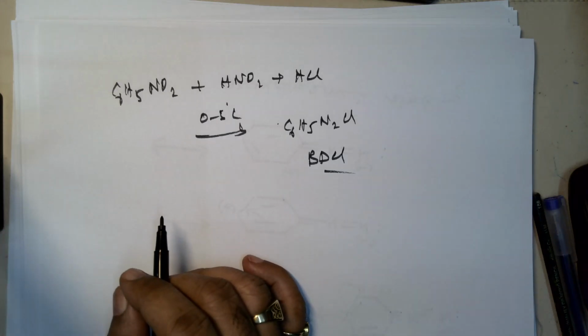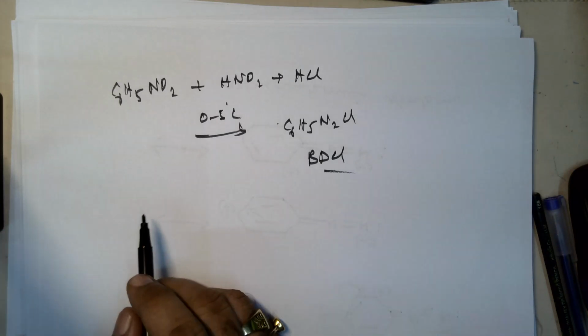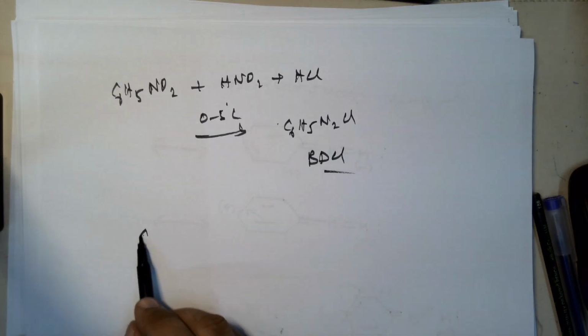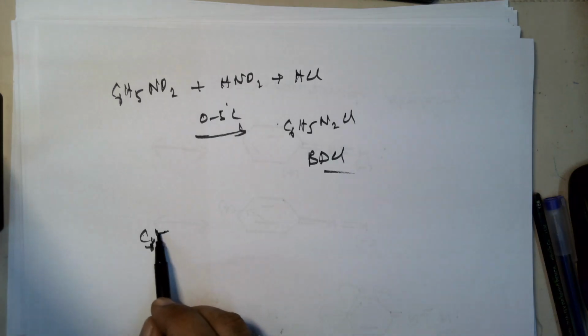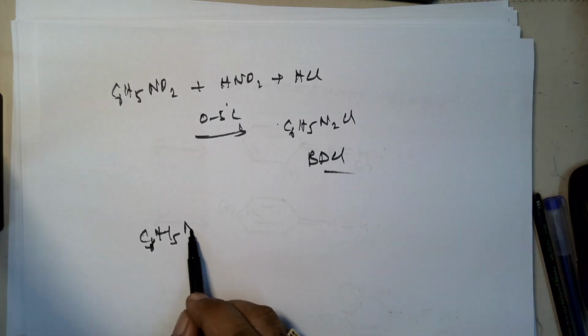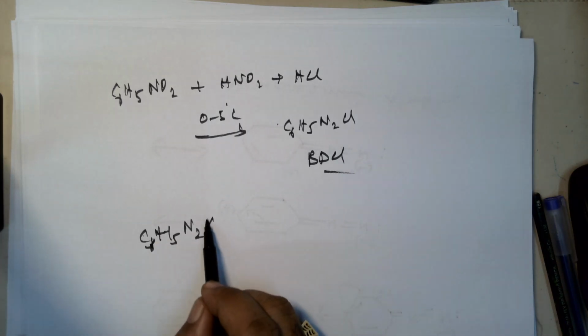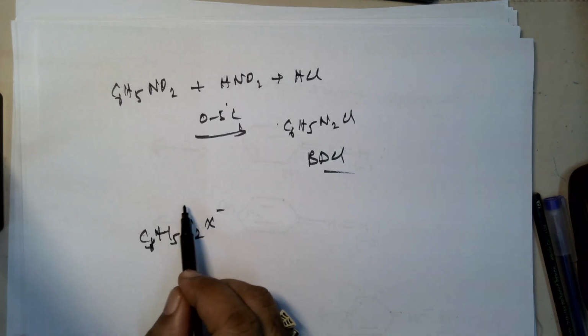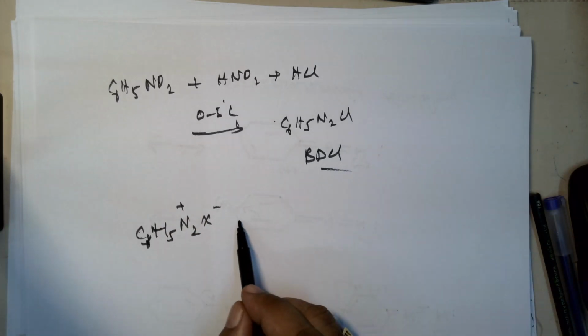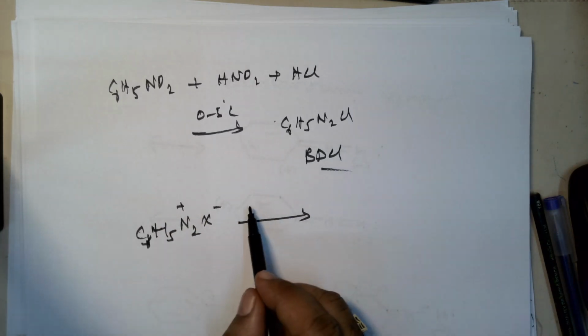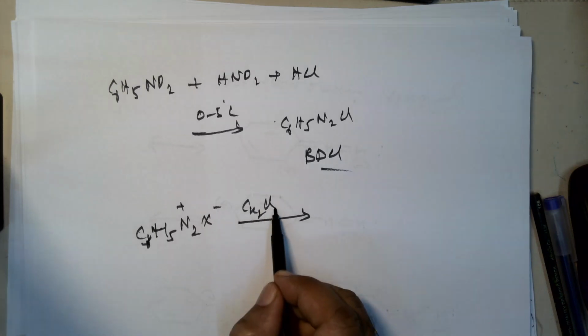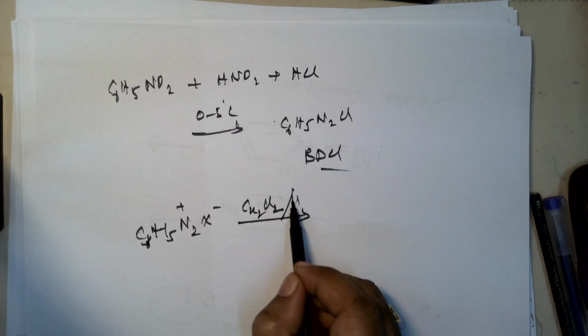So let us discuss this. For example, C6H5N2X minus, or Cl. This reacts with Cu2Cl2, cuprous chloride, in the presence of HCl.